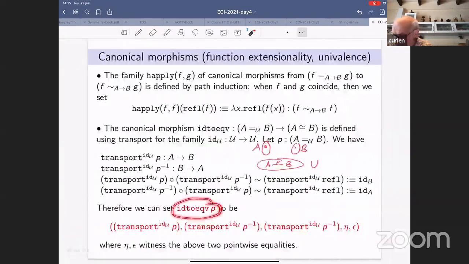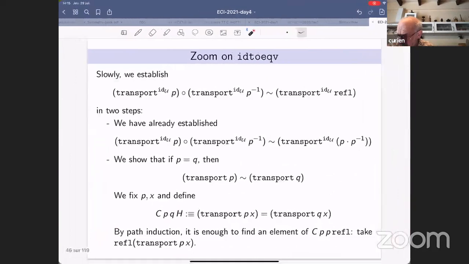Remember, idtoeqv gives me as first projection the transport.